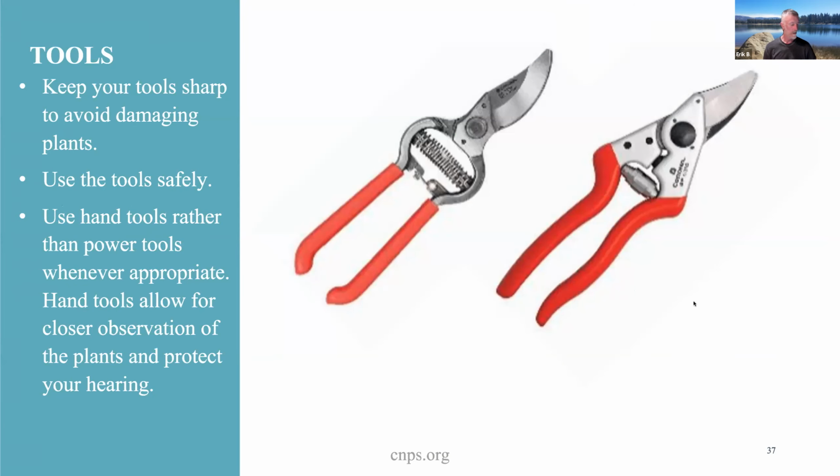Okay, your tools. At some point, we'll get the tools closer to the pruning techniques so that you know the proper tools for the various pruning techniques. There are dimensions that they recommend. This is what they call a bypass pruner. These are for your smaller stems. And then there's also one called an anvil pruner, which I've never seen anybody use.